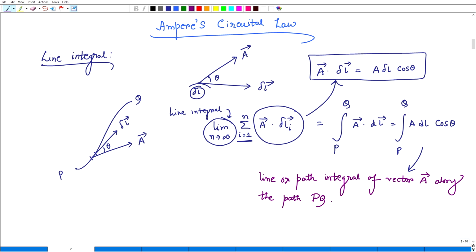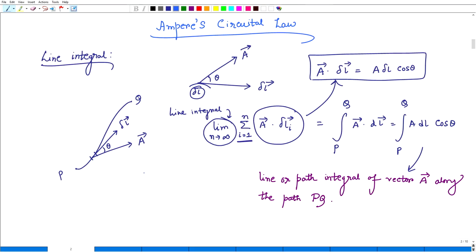Now, theta may change, as I said, because here theta actually gives the direction of the vector A. Now, the direction of the A vector is not specified, so theta is also not specified, theta is also varying. Now, this is the open path.